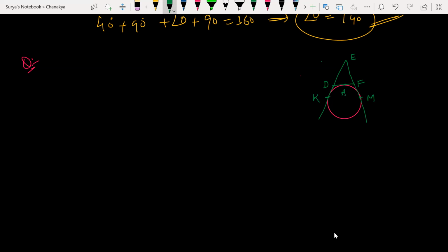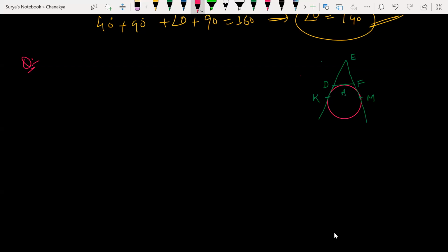Okay, so the question is, in the given figure, circle touches the side DF of triangle EDF.